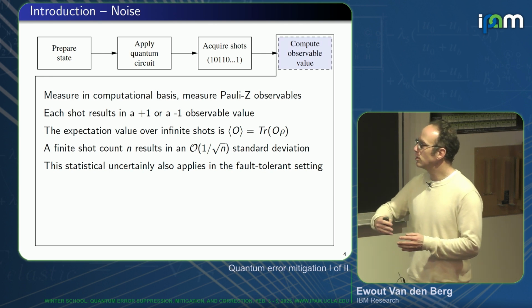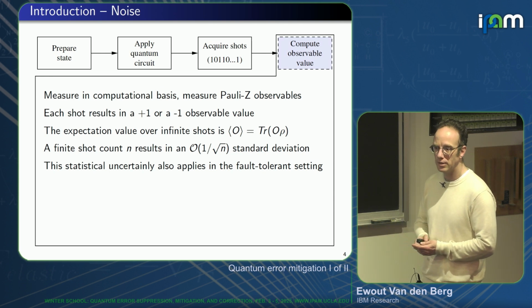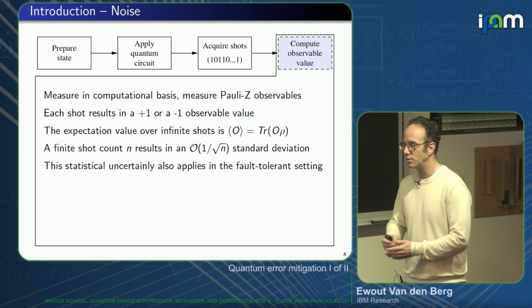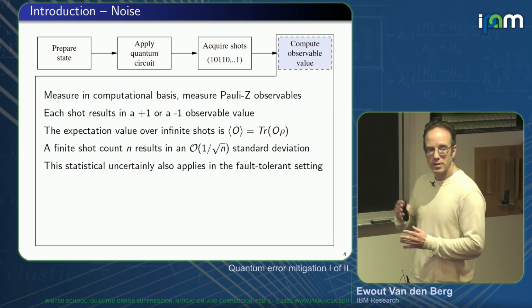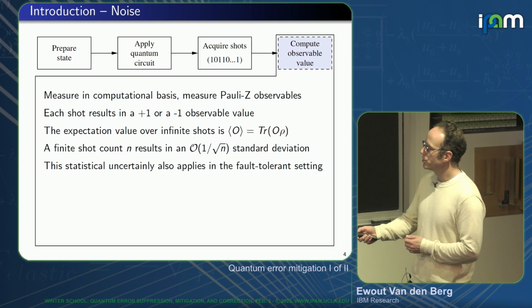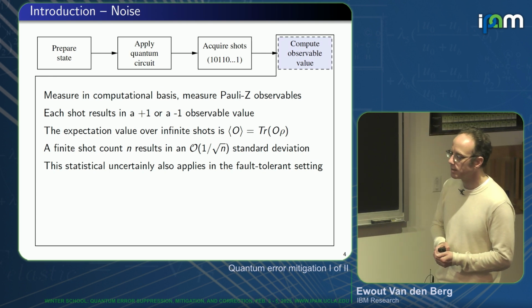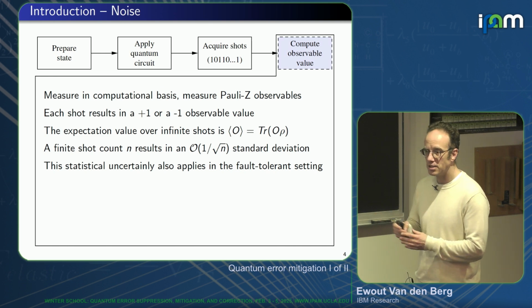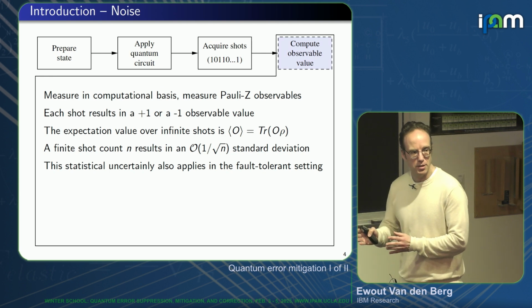And the expectation value over an infinite number of shots then gives you the observable value, if we just disregard all the other noise. But because you can only take a finite number of shots, you have a standard deviation of 1 over square root of n. So that's just the standard deviation in your estimate. And this is statistical uncertainty.